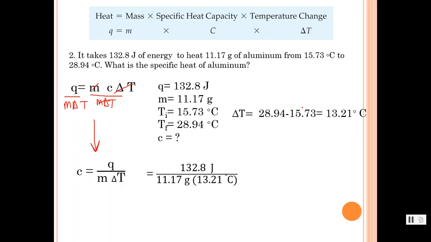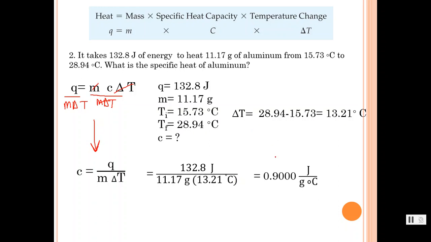Then I can start substituting in values that I was given in the problem. My heat is 132.8 joules. My mass is 11.17. My change in temperature is 13.21. None of my units cancel. And that's good because specific heat's usually in joules per gram degree Celsius.